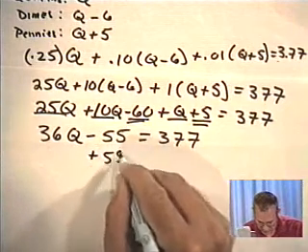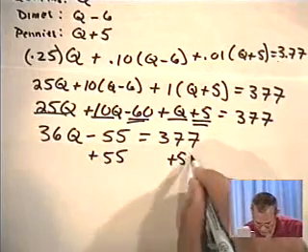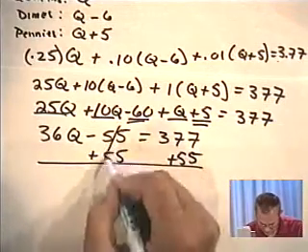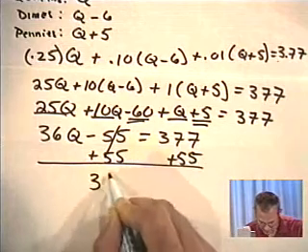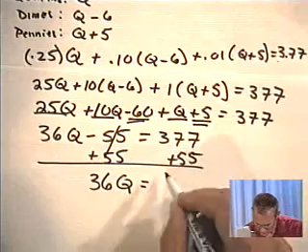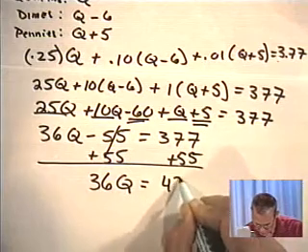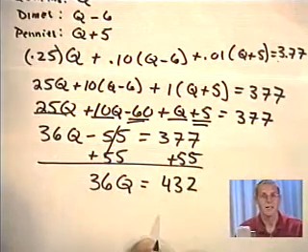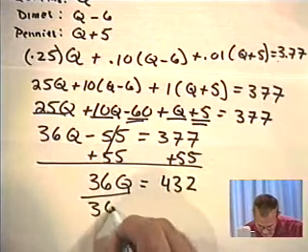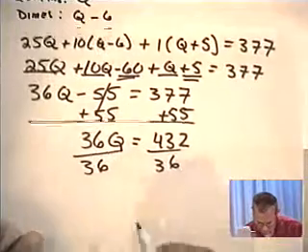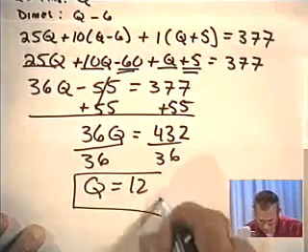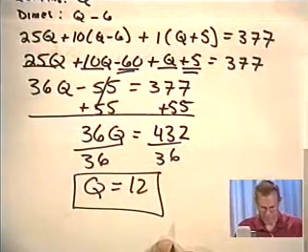Let's move the 55 over because we want the Q's on one side of the equation. 36Q is equal to 432. And now to solve for Q, we divide both sides by 36. So we think Q is equal to 12.